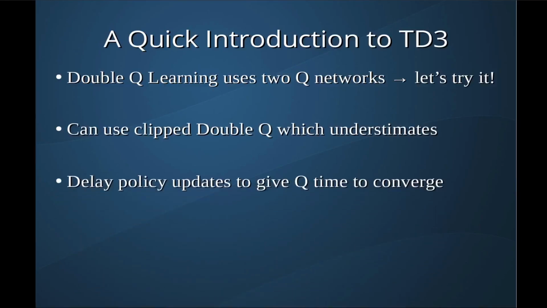The other innovation is that they're going to delay policy updates to give the critic network time to converge. So the policy network is a very slowly changing function, whereas the Q network can change much more quickly. So you have two different time scales there, and that's where the delayed part comes from.